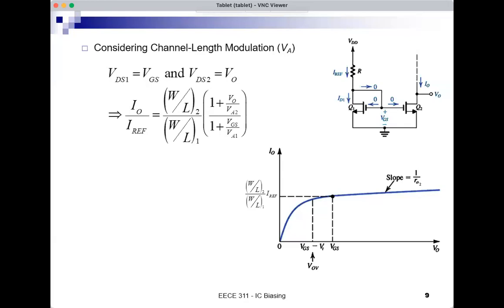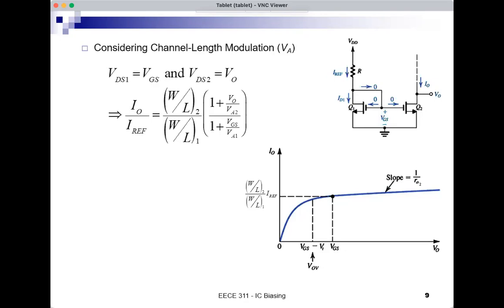And we also considered the case when there is channel length modulation, so there is a VA, and in this case, the current would have a dependence on the output voltage, so it's no longer a perfect ideal current source.